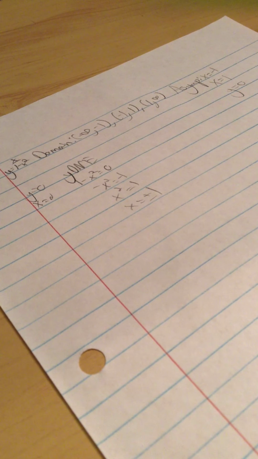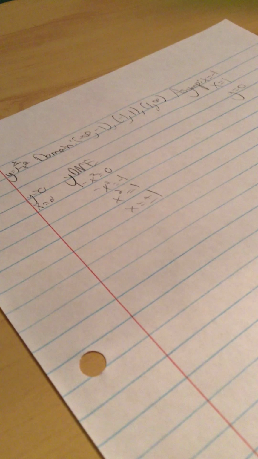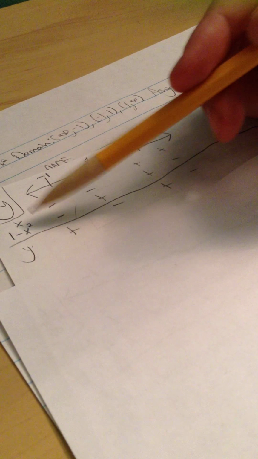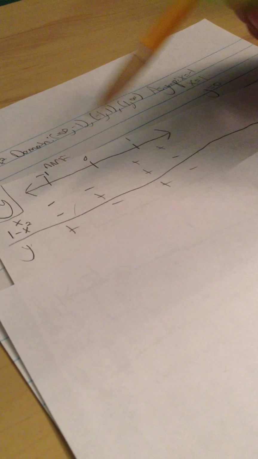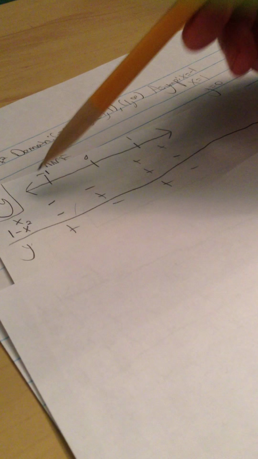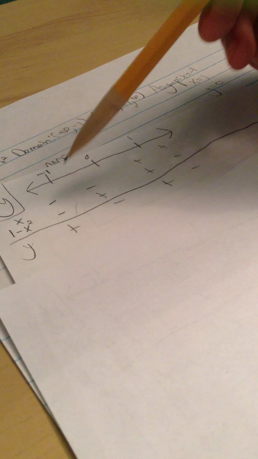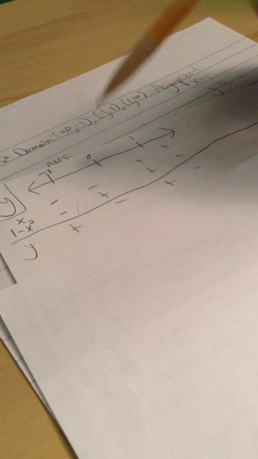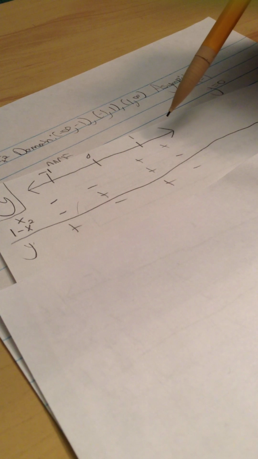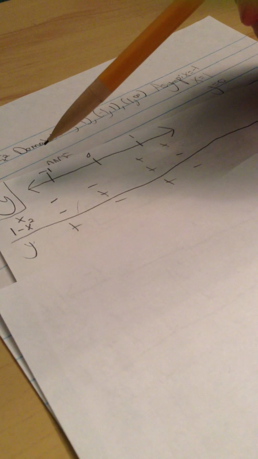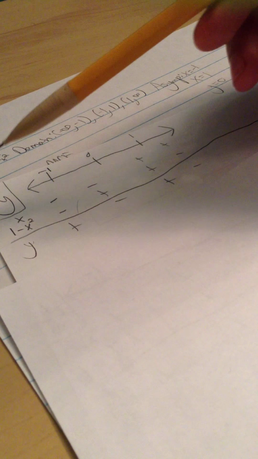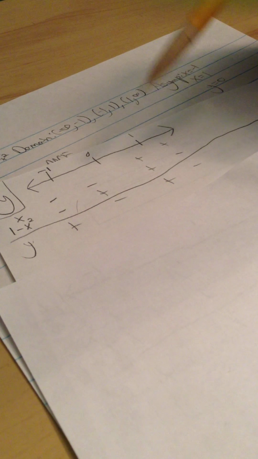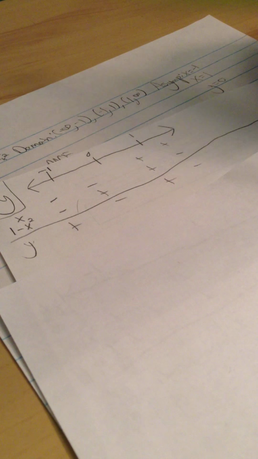So then once you have those numbers, you would make one of these charts, and you use the factors here, and then the numbers that you just found. So for less than negative 1, x would be negative, between negative 1 and 0 negative, between 0 and 1 positive, and greater than 1 positive. And for less than negative 1, 1 minus x squared would be negative, positive between negative 1 and 0, positive between 0 and 1, and negative greater than 1.